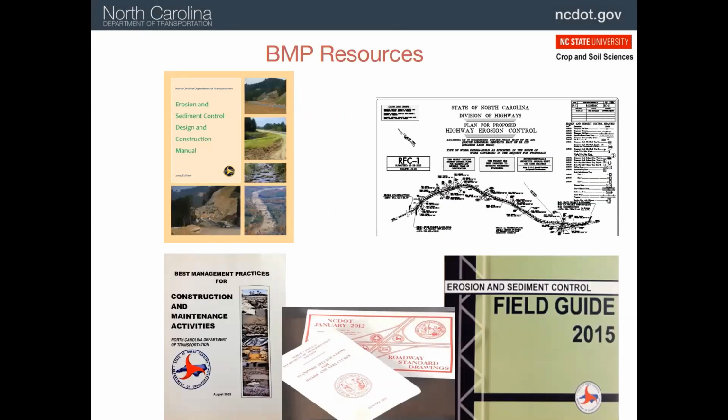All right, well, there are many resources available to help those responsible for erosion and sediment control on an NCDOT project. These include several manuals. These are all online: a handy flip book, a field guide, and of course, the actual erosion and sediment control plans themselves.